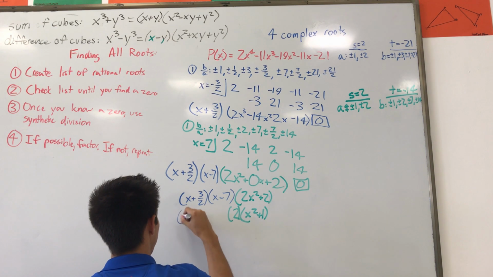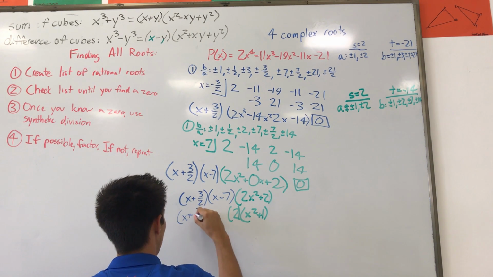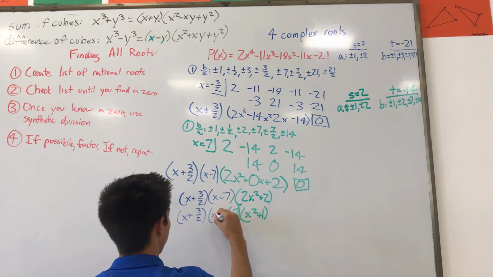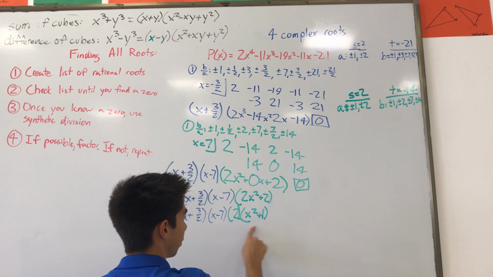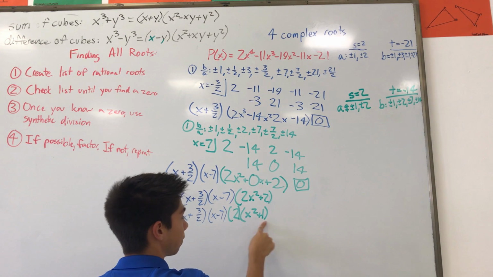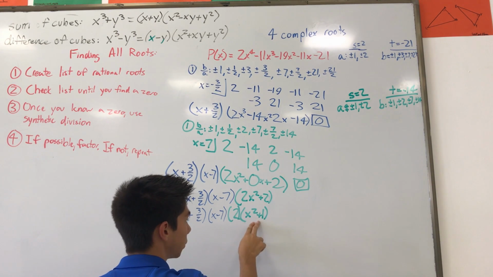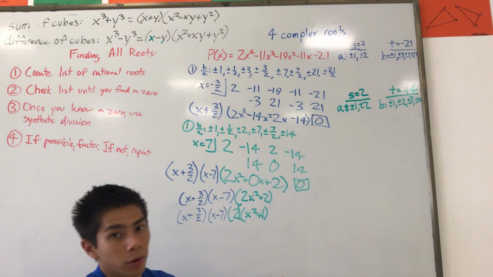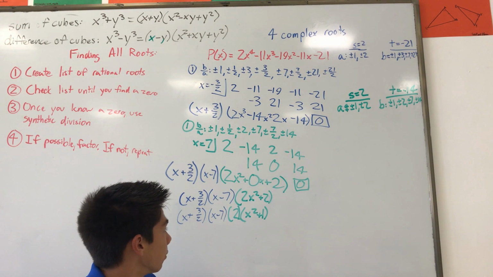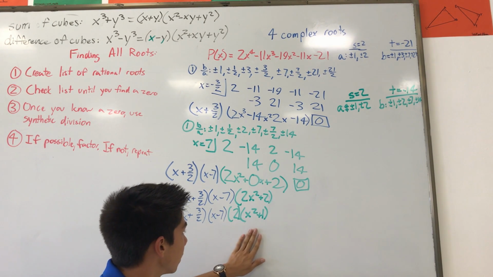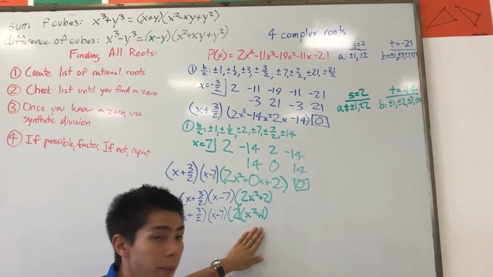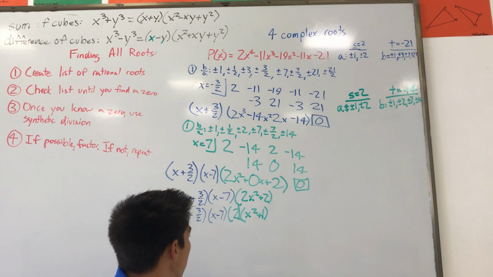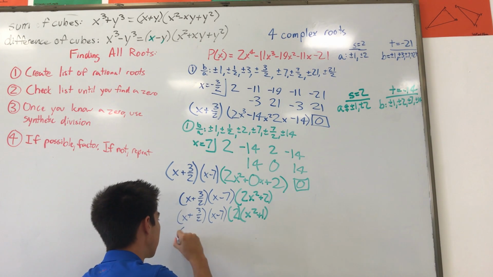So I have this whole thing here. So now I'm really close to being done here. X minus 7. So I need to factor x squared plus 1. You can actually probably leave it like this, because if we're dealing with real numbers, this is as close as you can get. You guys should recognize that x squared plus 1 is a situation where I get my imaginary numbers that we've been working with.